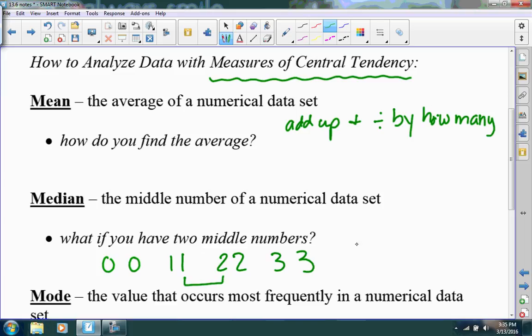So then you take 1 plus 2 and add them up to get 3, and then you divide by 2 because there were 2 numbers. So then your middle, your median number, would be 1.5. So sometimes we're going to have to do that when we're finding our median. And that happens if you have an even number of numbers. If we had an odd number of numbers, then it would just be the middle number.